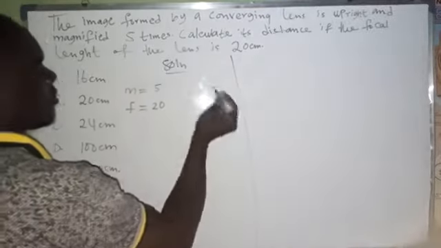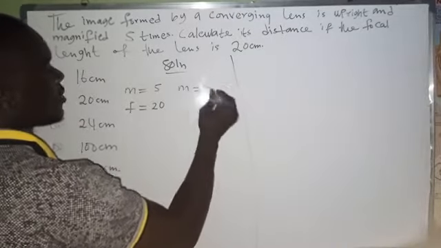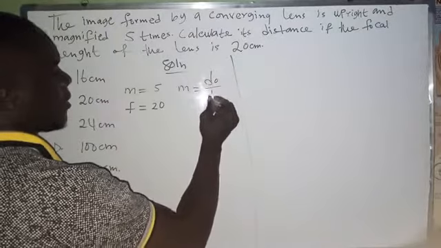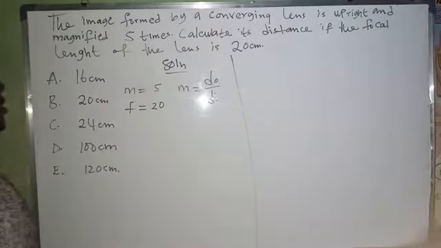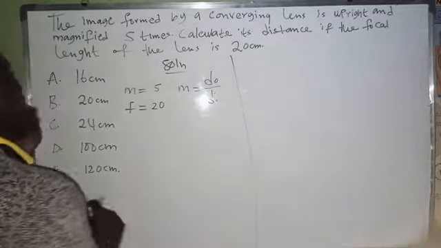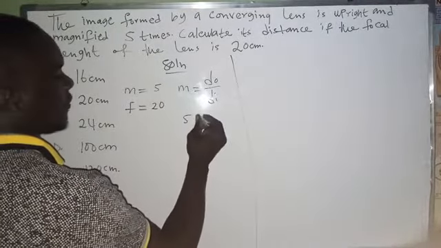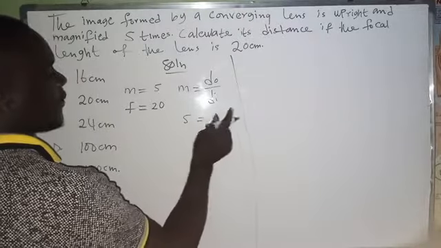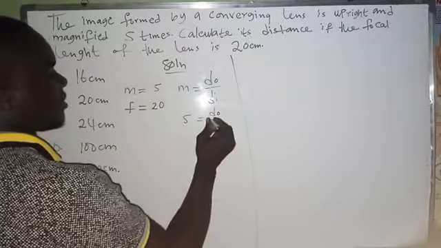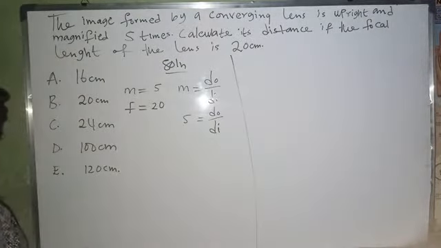Now, recall that M is equal to object distance all over image distance. Now that the magnification is equal to 5, 5 will be equal to object distance all over image distance.